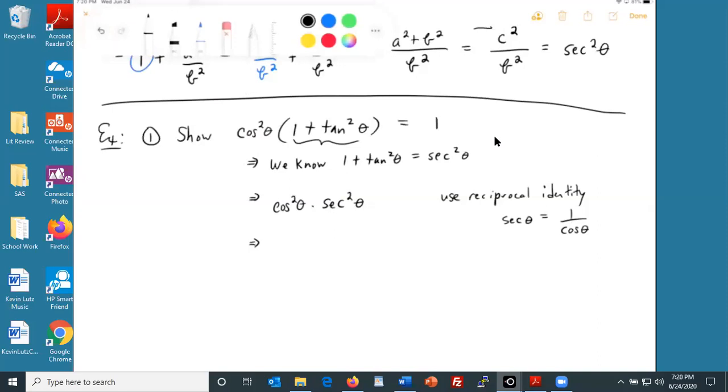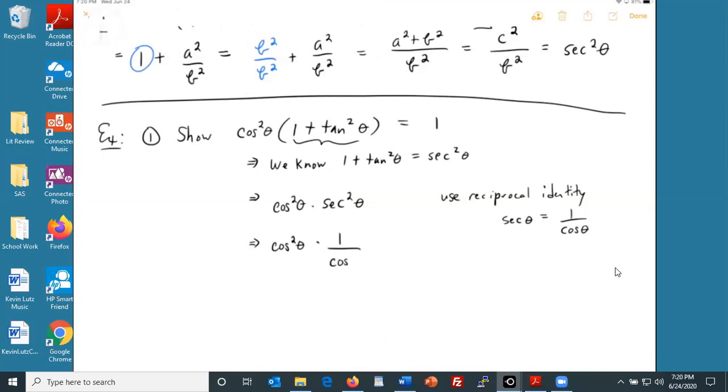So that changes the second term. Even though it's secant squared, what do you think this will be if I square it? It will be 1 over cosine squared. And then the cosine squared cancels. And what's left? 1. What we wish to show.